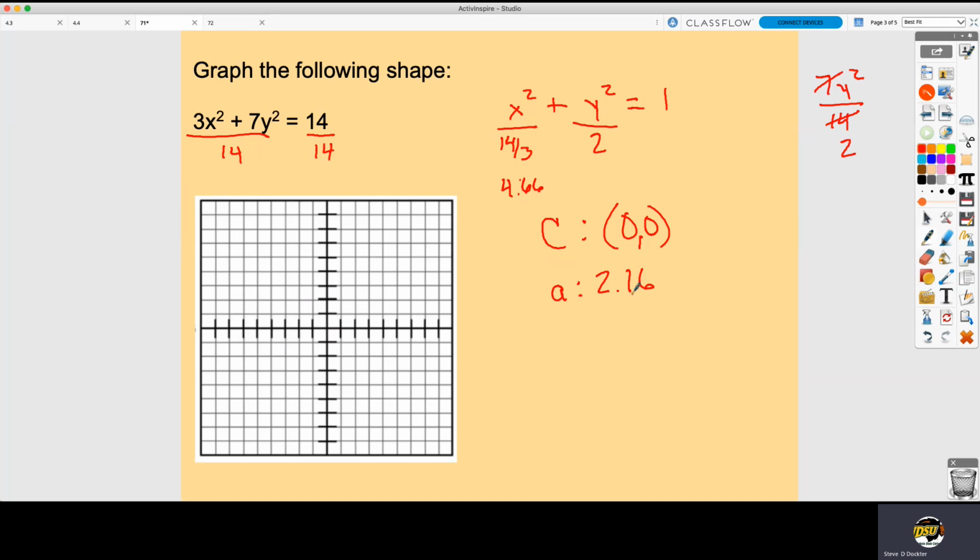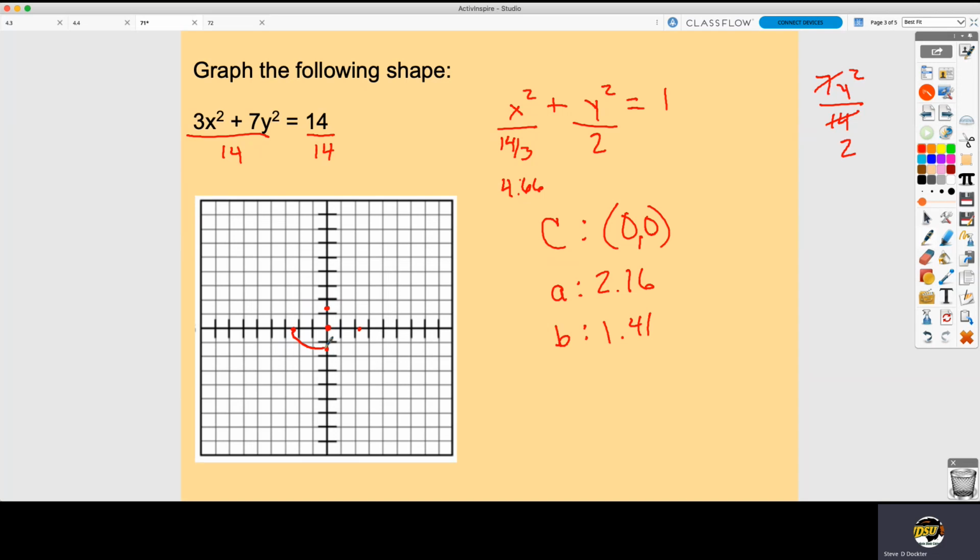And then our b value is the square root of 2, which is 1.41. That is what we're going to label out here on the graph. Center is 0, 0. In the x direction, we're going to go a little bit over 2 in both directions. For the y value, we're going to go about 1.5.